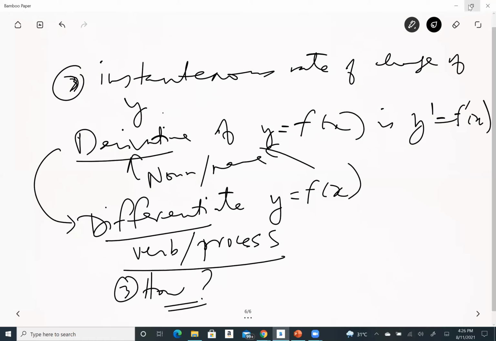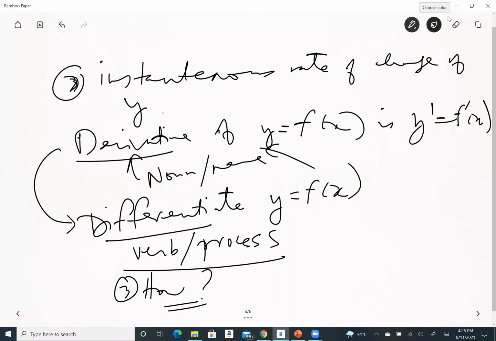We just need the different rules. So next we look at the rules of derivative. To find the derivative of a function, we apply the relevant rules. There are a number of rules. The rules of derivative will start from 9.4.